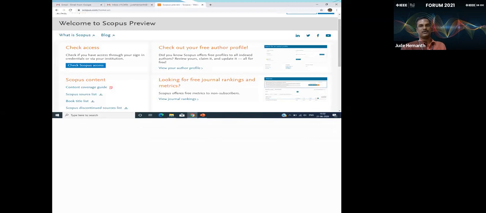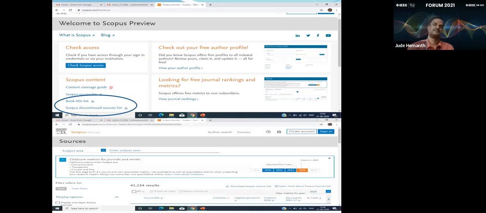So this is the way how you have to check in a Scopus page. On the left-hand side, they will give you the Scopus discontinued list. So you can check that, and if some journal is there, don't go. And otherwise, if you want to check, you can go to the sources icon, which will be in the top. Click that. They will ask you for the title, and type the title here.